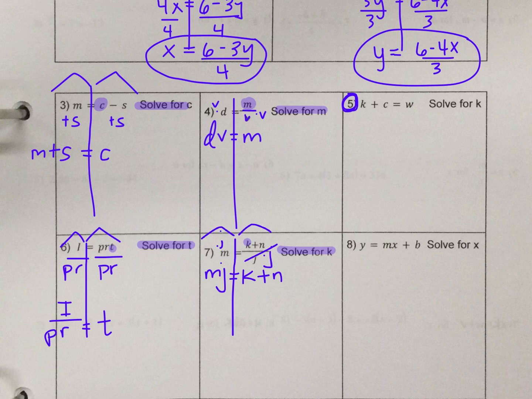Now, I just need to move the n. So opposite of plus n is minus n. So mj minus n equals k. K's alone, I'm done. I would like for you to do number 8. Thank you.